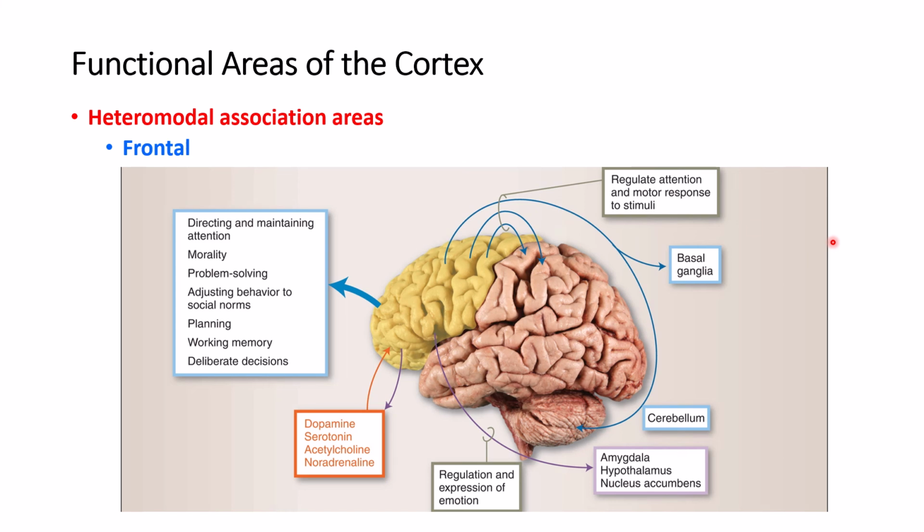Then there are also other association areas in other parts of the cortex. With the frontal lobe, the prefrontal cortex is in this area, and then you have other motor association cortices around this area.